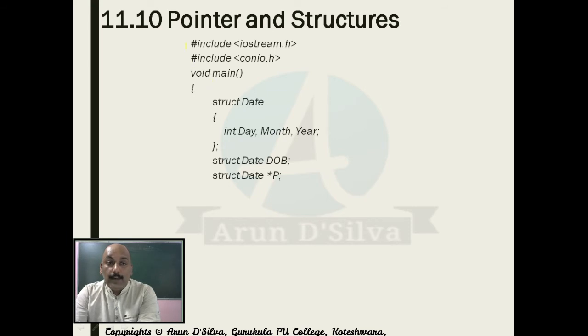Here I have the header files, and then void main. Inside void main I created a structure, struct date, and date has three elements: int day, month, year. These are three member data of the date structure.